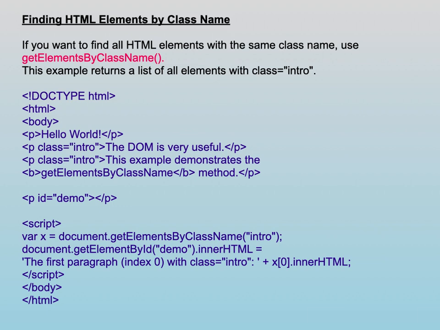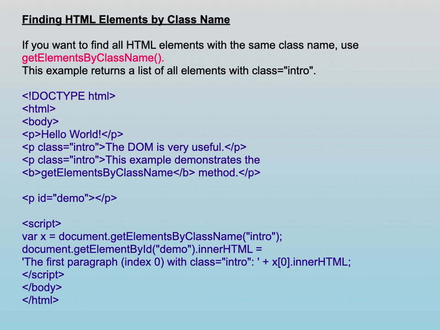Both the paragraph elements will be assigned in x. That is, x of 0 is the first paragraph element with the content the DOM is very useful, and x of 1 is the second paragraph element with the content, this example demonstrates, etc.